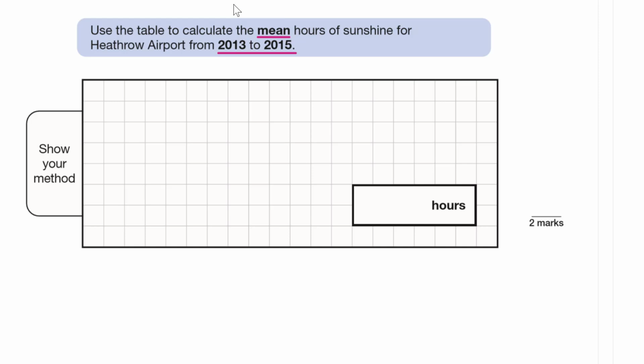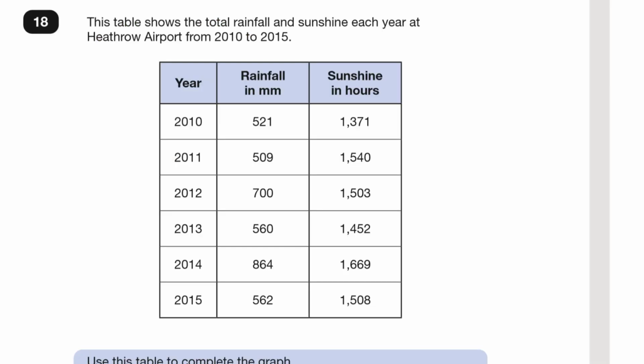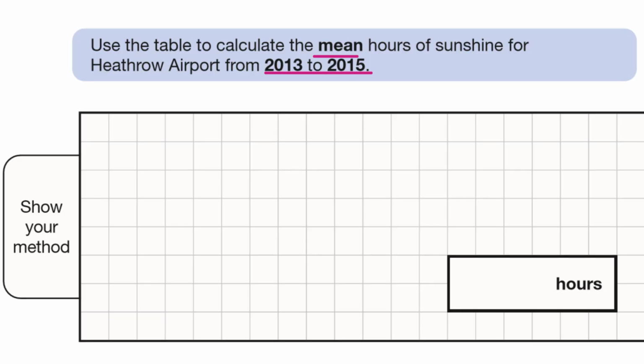So let's have a little look at 2013 to 2015. These are the numbers we are working with. To calculate the mean average, we need to add these three numbers up, and then we need to divide them by 3. So let's take these 3 digits and we're going to add them up.